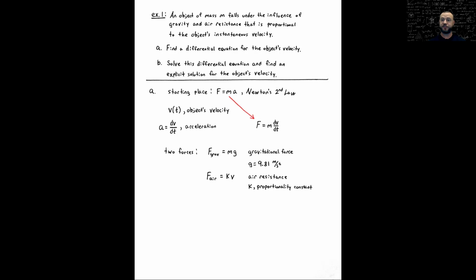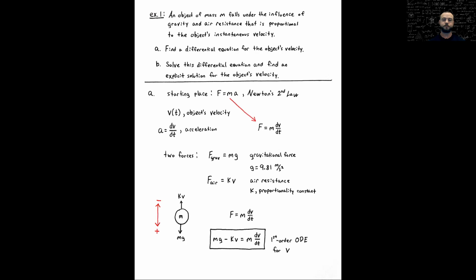Now let's try to visualize a simple sketch. In your physics course, this might have been a force diagram. We have the weight acting down, and then the air resistance opposing the direction of motion, so that would be acting up in this orientation.